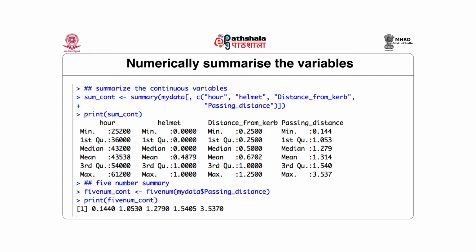Otherwise, you can just take a summary of one particular variable and see that, look, this makes sense, this doesn't make sense. So in this case, out of those 4 variables, we can quite clearly see that only one of them is a truly continuous variable, and that is passing_distance.